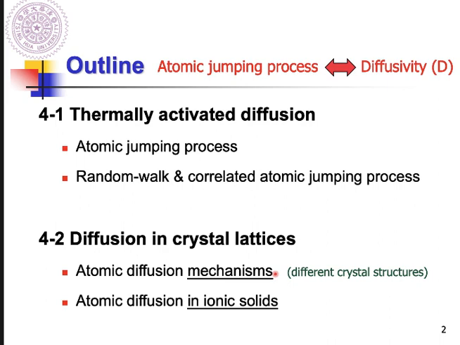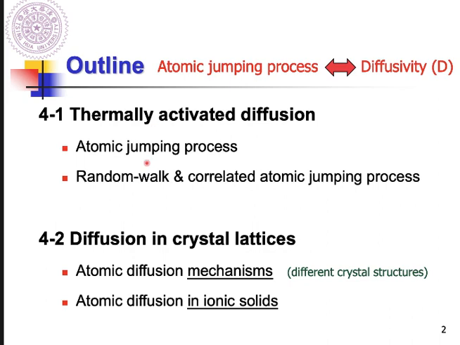In this part, the materials we show you are metals. And in the second section, we are going to talk more about atomic diffusion in ionic solid materials. When we deal with ionic solid materials, you need to consider the charge balance conditions. So you always need to make sure the total charge equals 0, so that we have a charge balance.